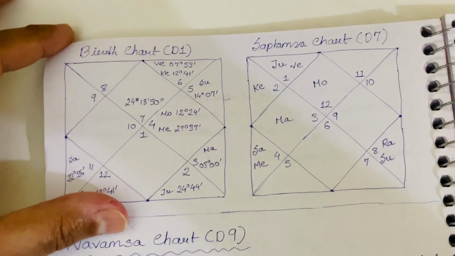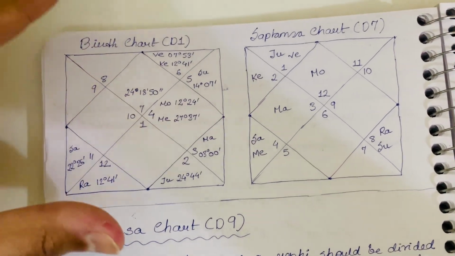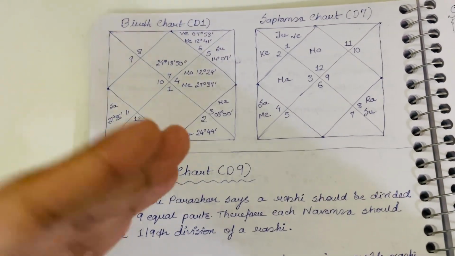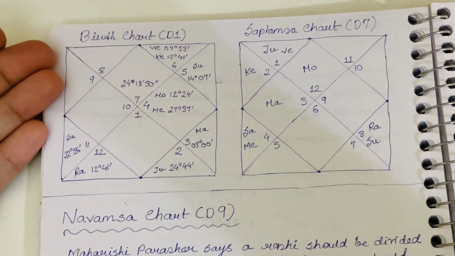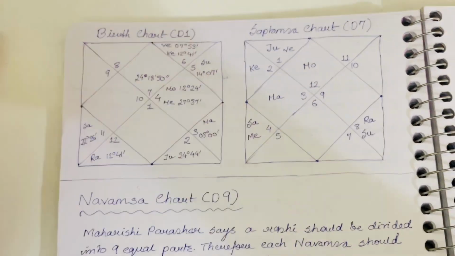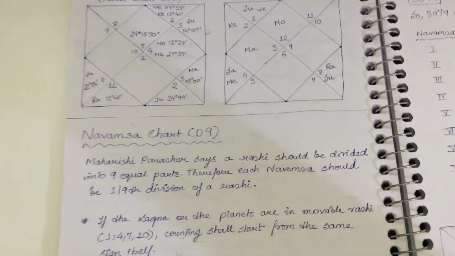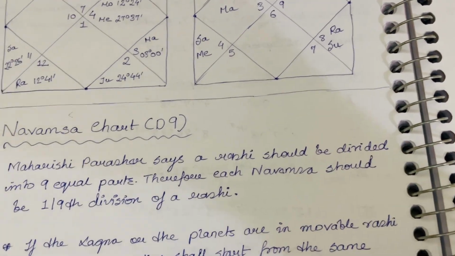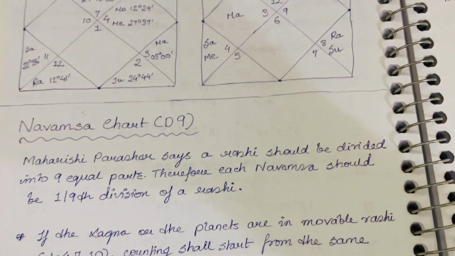This is the same birth chart which we manually calculated in the previous classes. Every class I'm not going to repeat this. This is the last time I'm repeating this, and this is the base birth chart that I am using for all the classes, so that our understanding becomes more seamless and correct, and there is no confusion in the understanding at all.